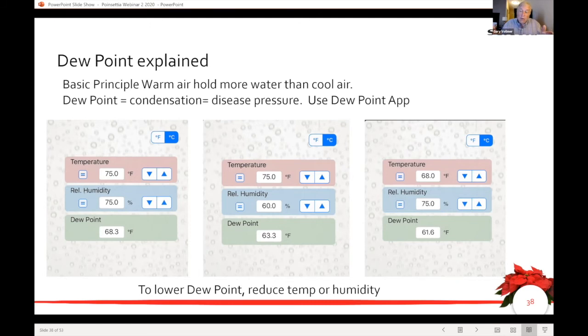Now, let's say it was, 75 is a very modest temperature for the end of the day in a greenhouse. Let's say it was 80, but your night set point is 62. And let's say your relative humidity was 75, you're going to hit dew point way before you get down to your heat set point. And then you're going to fight diseases.